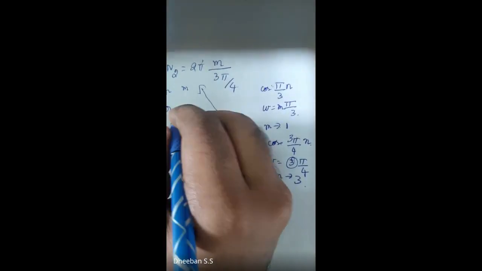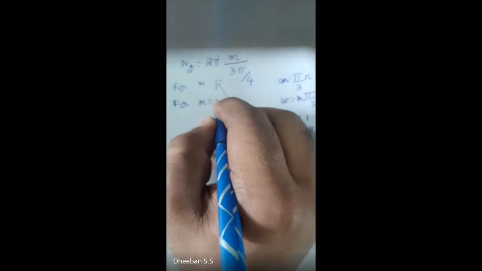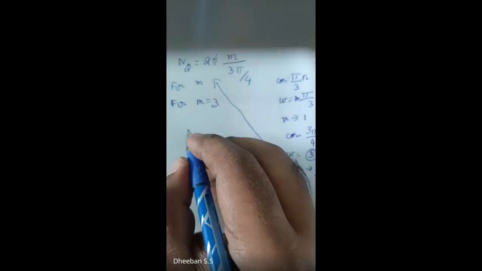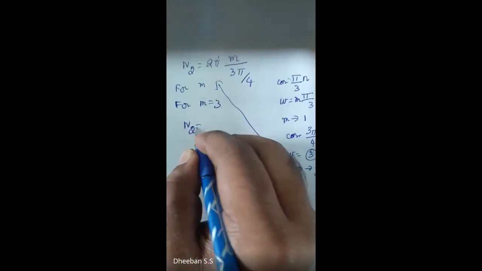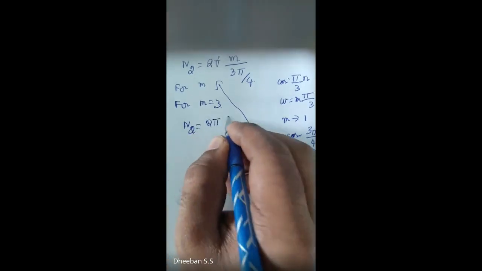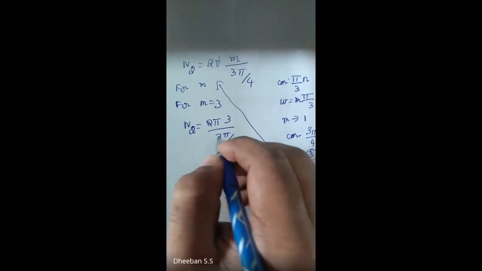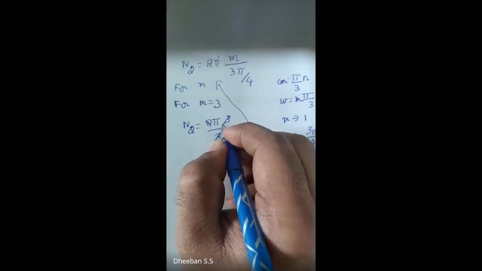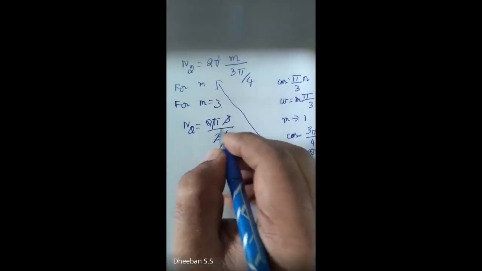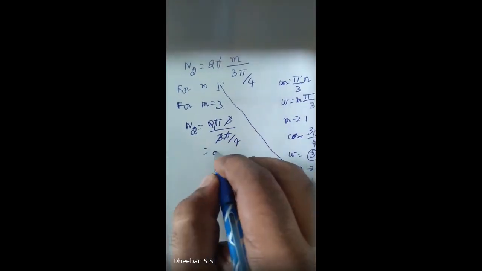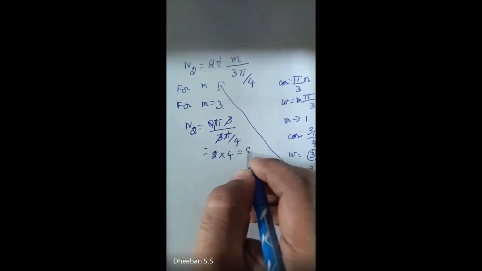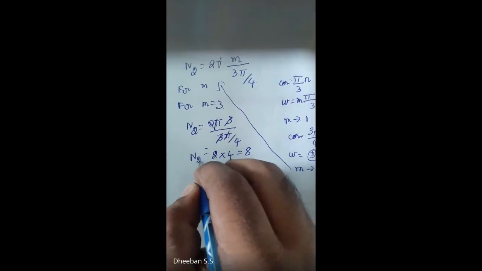For m equal to 3, n2 equals 2 pi into 3 divided by 3 pi by 4. The 3 cancels, pi cancels, and you get 2 into 4, which is 8. So n2 is 8.